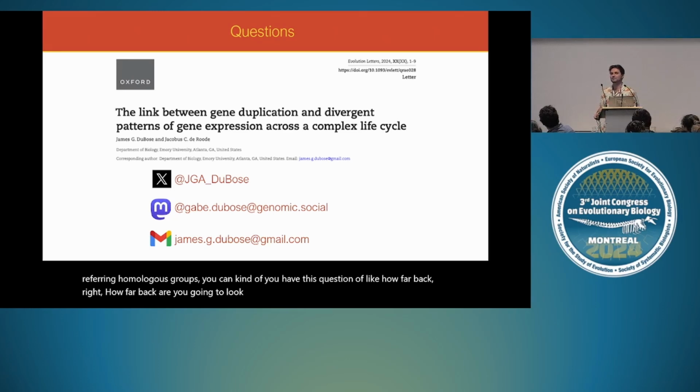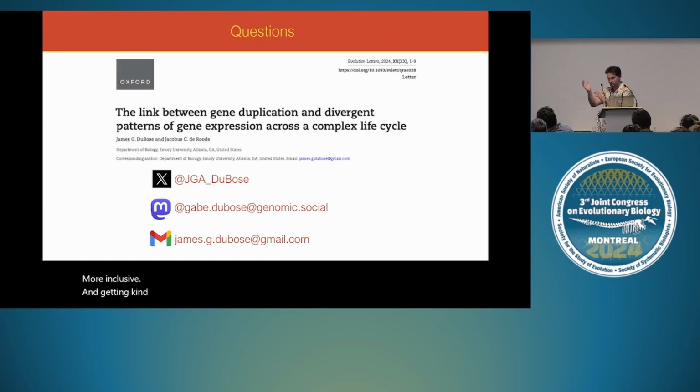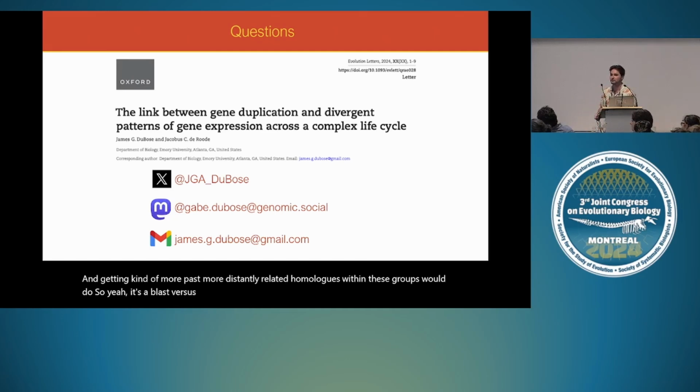It's a self versus self BLAST based on sequence similarity, and then we reconstruct the phylogenies. I did that across a very strict threshold and a very lenient threshold, to capture what a more inclusive approach, getting more distantly related homologs within these groups, would do. So yeah, it's BLAST versus BLAST and then phylogenetic reconstruction.